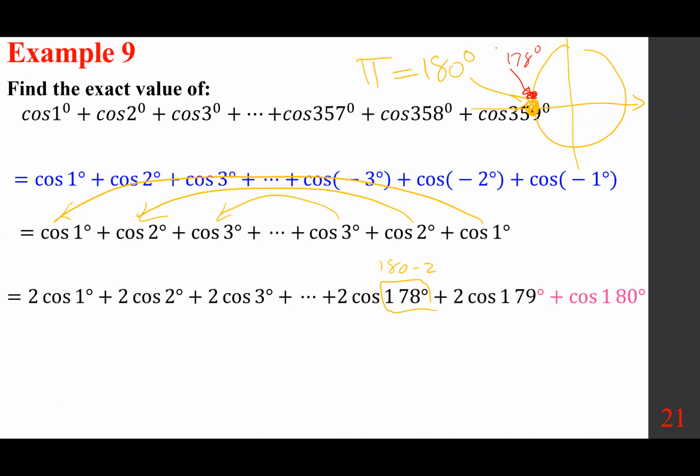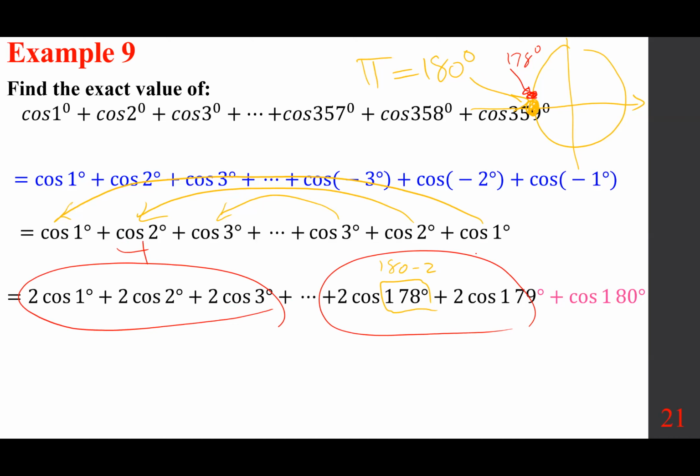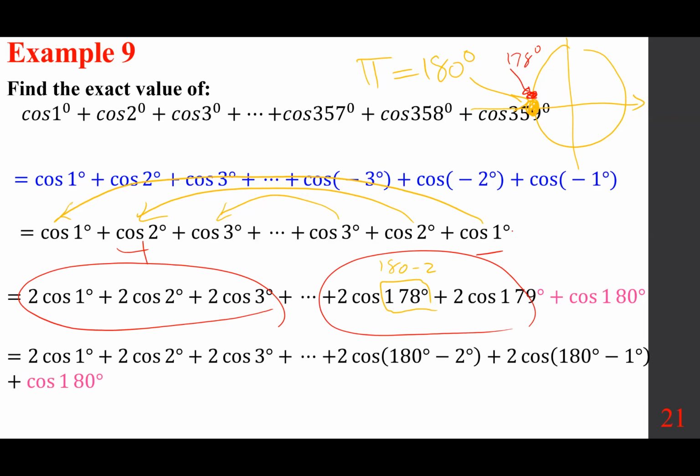And why are we writing this? Because I want you to notice that in the first quadrant, those are positive. In the second quadrant, those are negative. So they cancel each other. So we are going to write this as 180 minus 2, 180 minus 1, so on and so forth.